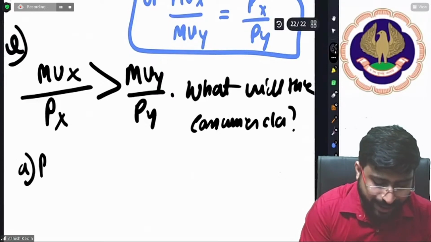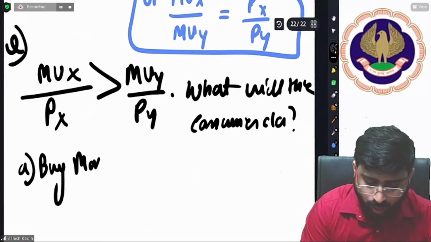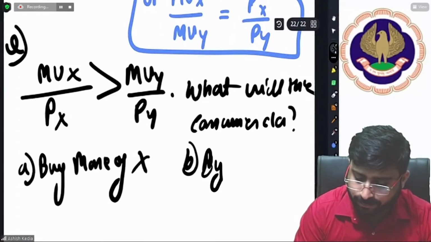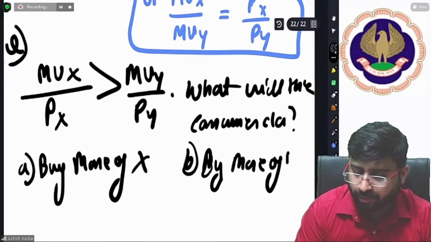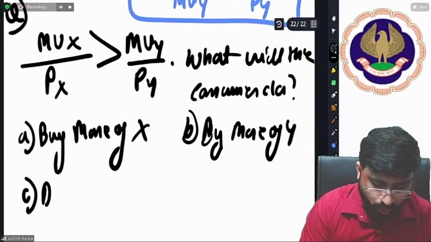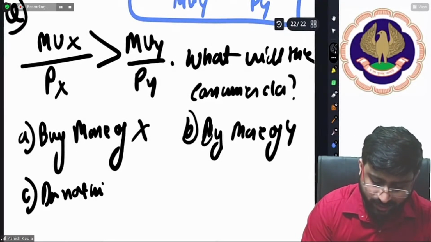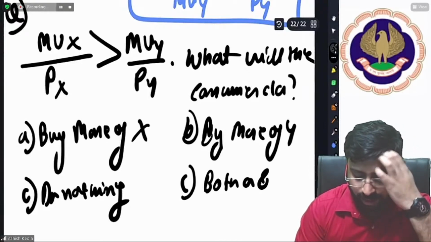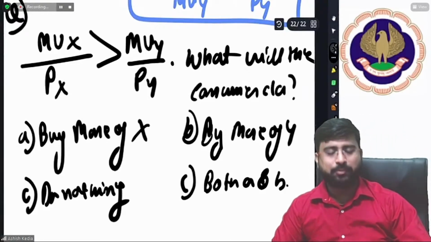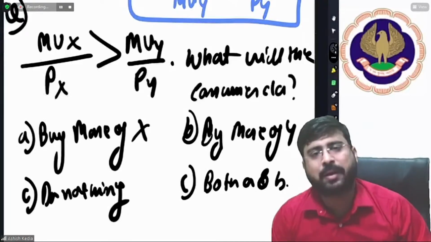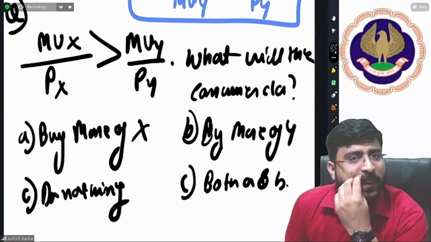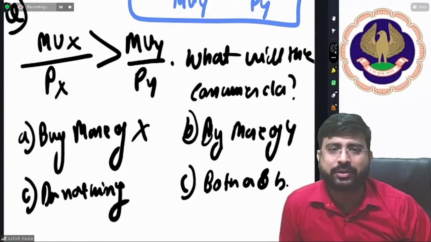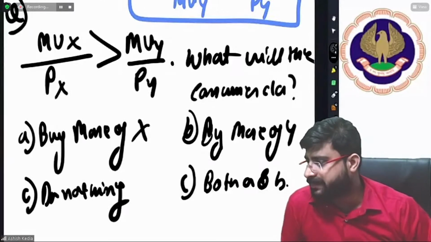A, buy more of X. B, buy more of Y. C, do nothing. D, both A and B. What do you think is the answer? Remember, MUX by PX is greater than MUY by PY. What will the consumer do?